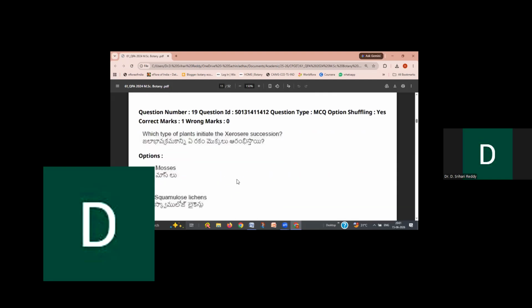And next, which type of plants initiate the xerarch succession? In ecological succession there are two main ones: one is hydrosere, another is xerosere. Sometimes it is also referred to as lithosere.